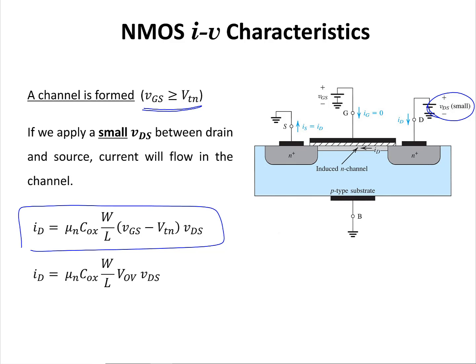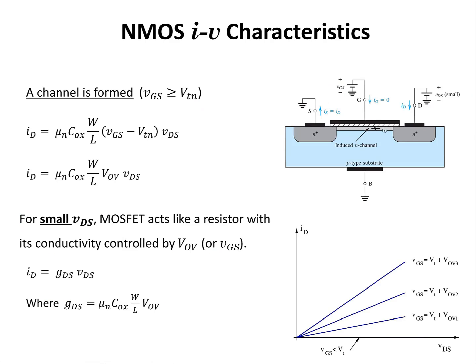The magnitude of this current, the drain current, is controlled by the magnitude of the voltage applied to the gate. This quantity here, V_GS minus V_TN, is the same as V overdrive by definition, so these two are the same equations. So we apply a gate to source voltage greater than the threshold voltage of the NMOS and apply a small voltage to the drain of this transistor, and this is our current that flows from drain to the source.